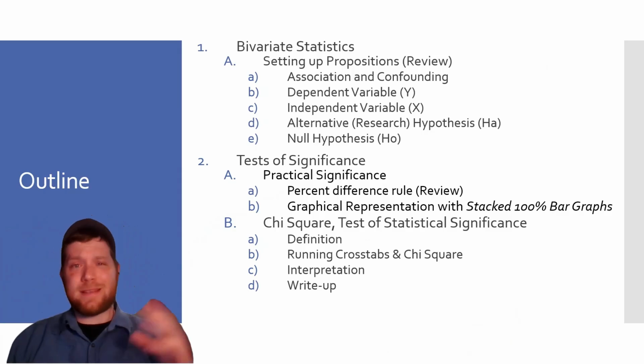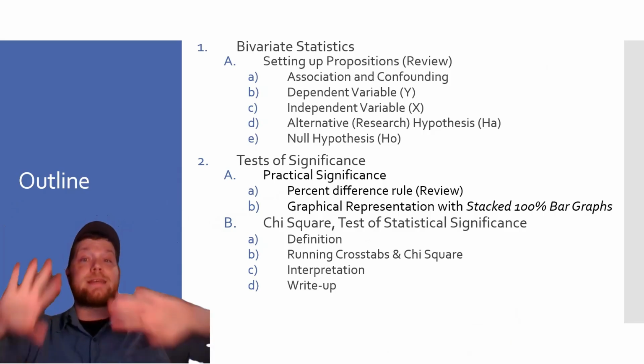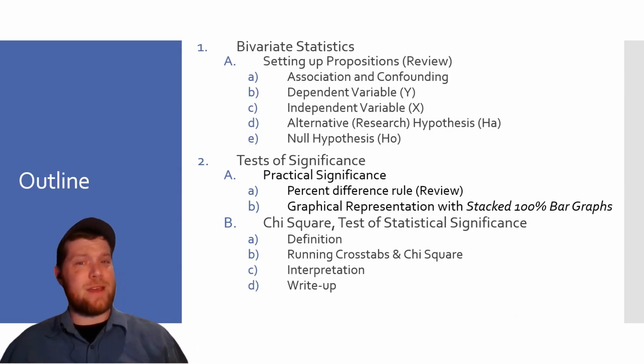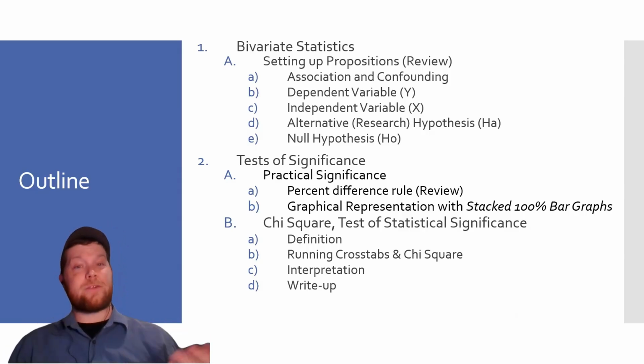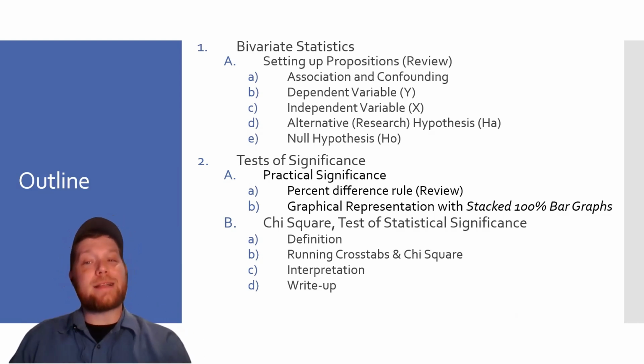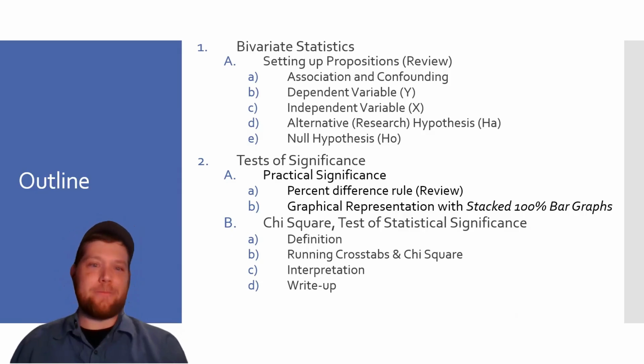Now, we're going to start off this lecture with a brief crash course review on bivariate statistics and make sure you all are ready to roll when we start talking about this test of significance along with practical significance. First, talking about the percent difference rule, but then enhancing that with something called the stacked 100% bar graphs. They give a graphical representation of what we see.